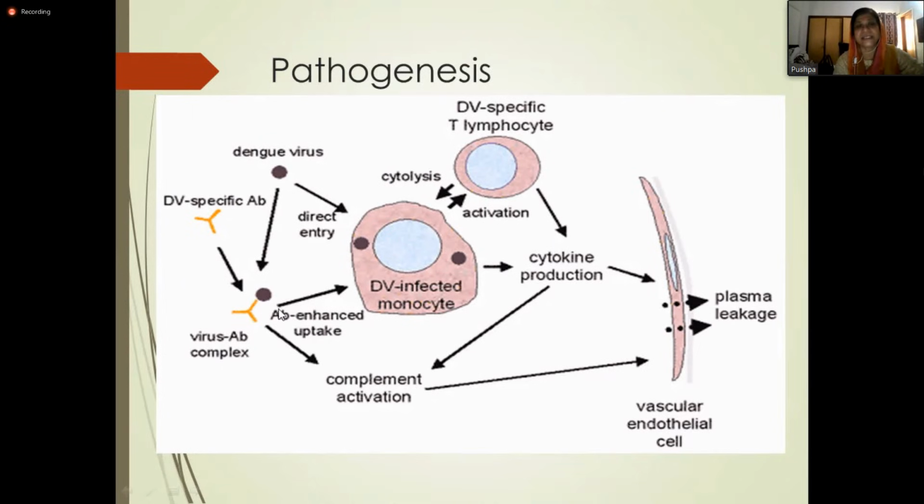These complexes enhance uptake of the virus into the macrophage again. If this person is infected with one serotype, and then is infected with another type, there is an excessive number of antibodies.